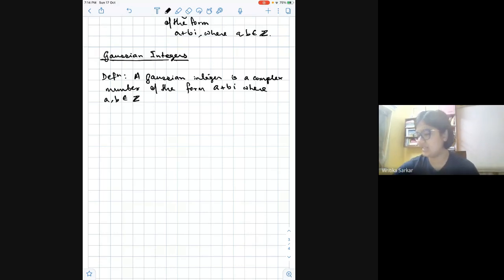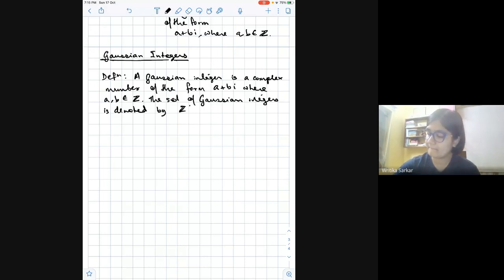Yeah, basically that's it. And the set of all Gaussian integers is denoted by Z[i].